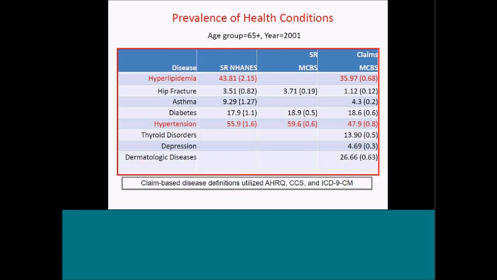Dermatologic diseases, we don't have any survey that asks the question about dermatologic diseases and so on. So we are going to have a mix of cases where we have data in the claims for all of them, but we don't have self-report data on all of them. So we really have to do some modeling framework to bring about the corrections for those conditions for which we don't have any.